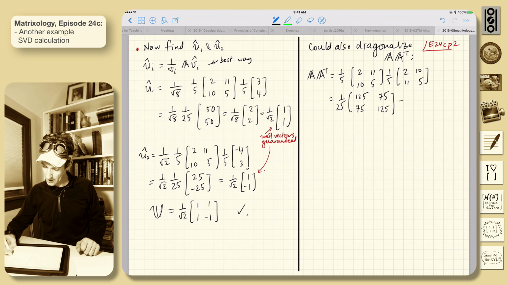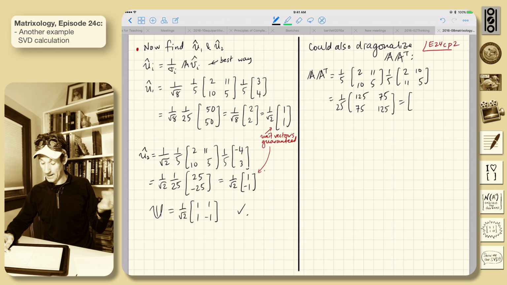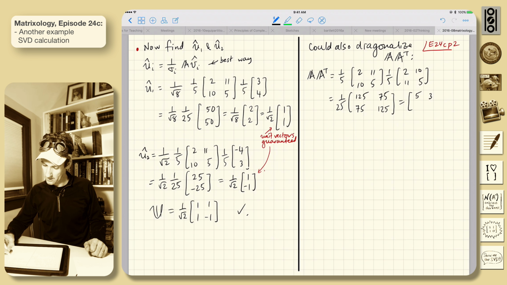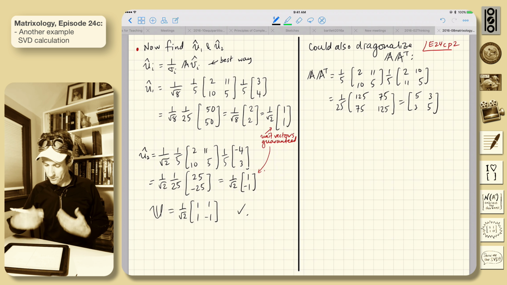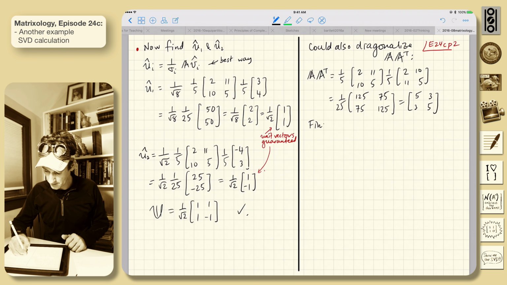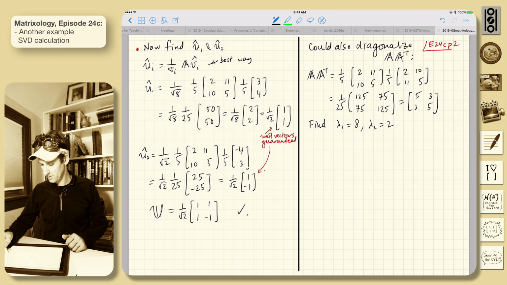Lots of things divide through. So this one turns out to be much simpler than A transpose A. 5, 3, 3, and 5. So if you go through, we'd solve it, so we would find lambda 1 equals 8, lambda 2 equals 2. You can see how that's going to work. If you subtract off, you get minus 3, 3, and 3, minus 3, or 3, 3, and 3, 3.